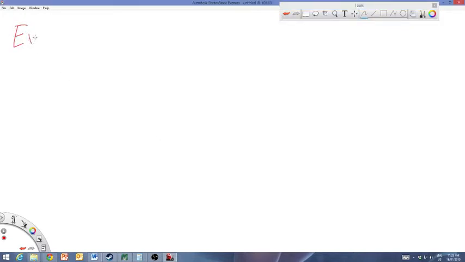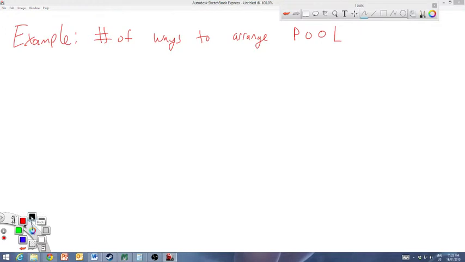As an example, calculate the number of ways to arrange the following combination of letters: P, O, O, L. Well, I'll list a few.